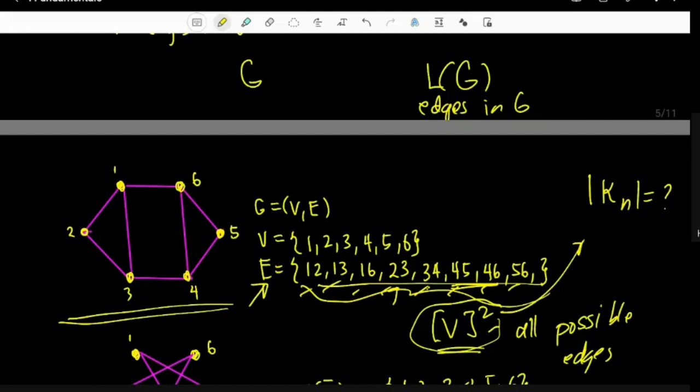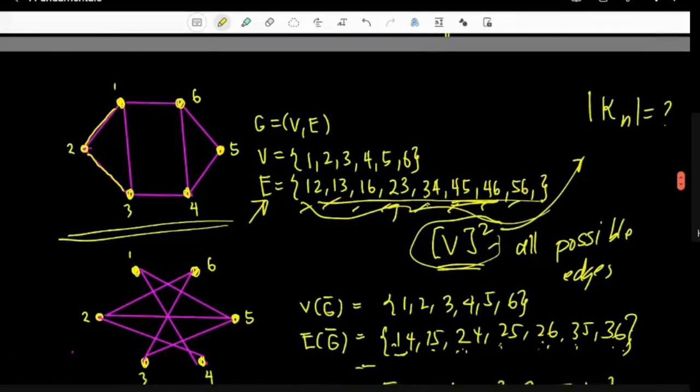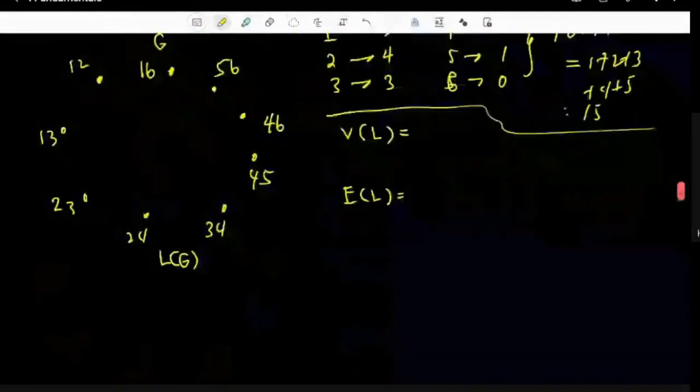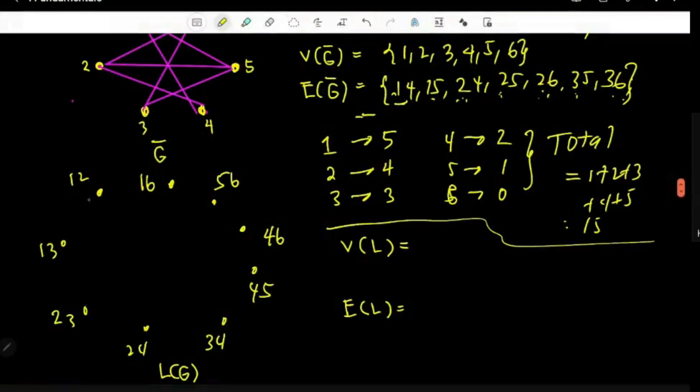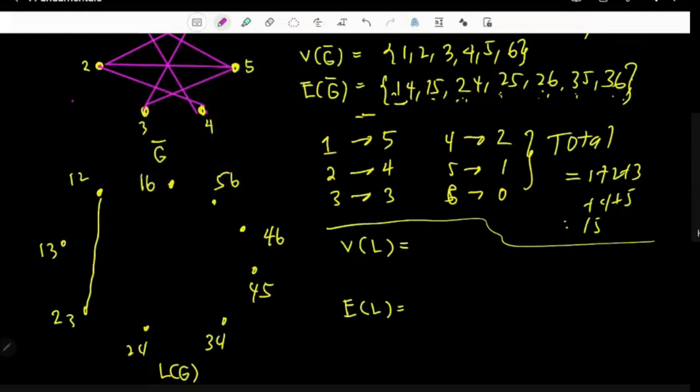For example, 1, 2, and 2, 3 are adjacent as edges. So, as vertices in LG, dapat adjacent din sila. So, there should be a line connecting 1, 2, and 2, 3. Let me change the color so that it's more obvious. Okay? 1, 2, and 2, 3.